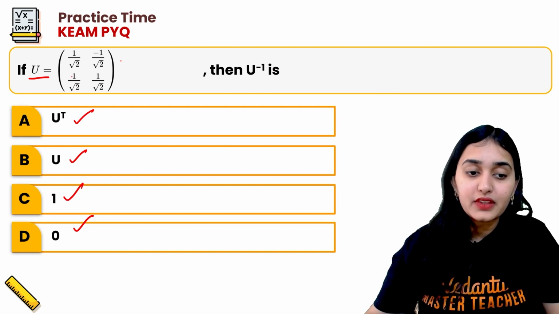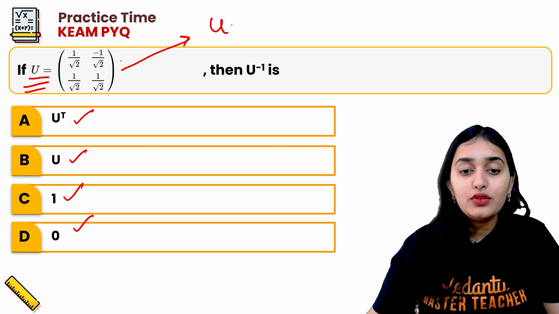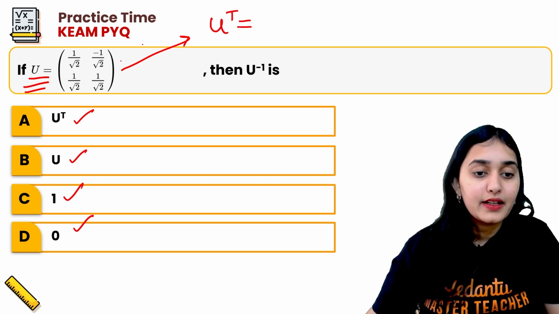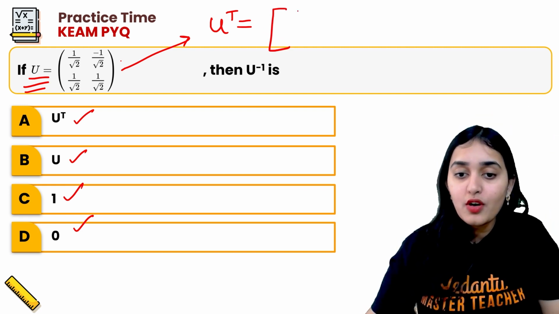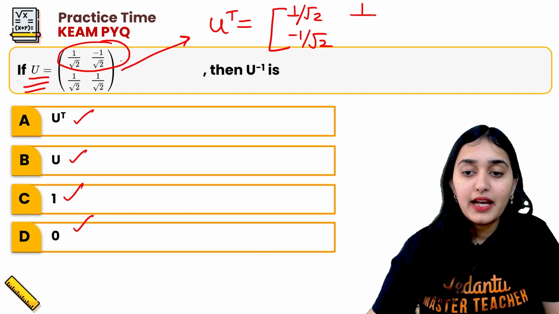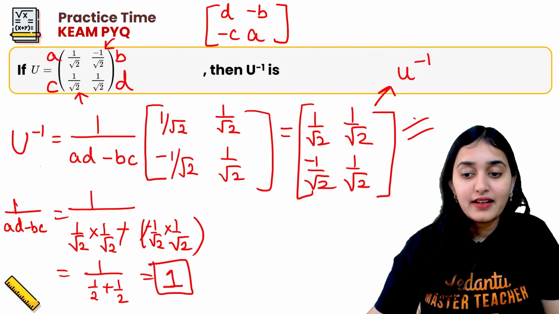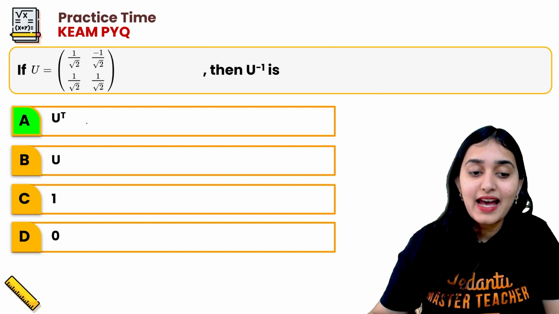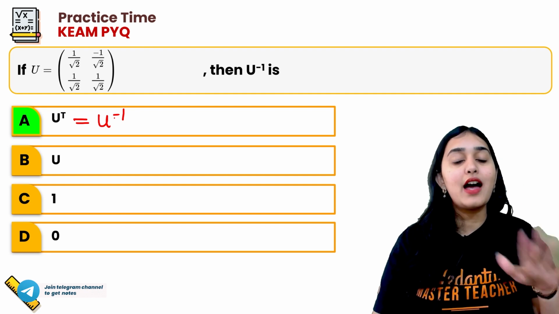If the U matrix is this, U transpose will be row becomes column, column becomes row. So this row will become column: 1 by root 2, minus 1 by root 2, 1 by root 2, 1 by root 2. Now see, this matrix and this matrix are same. So this implies that U transpose and U inverse are same. So this is your answer.